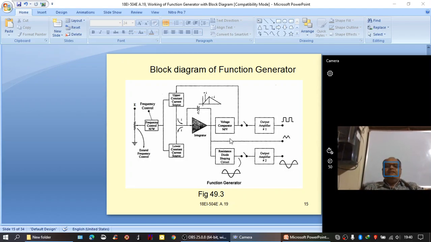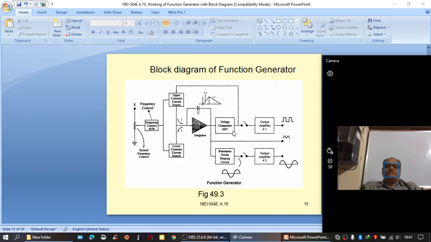And that triangular waveform will provide a rectangular or square wave output here at the output of the voltage comparator multivibrator. I'm sorry, it is not voltage controlled. It is a voltage comparator multivibrator. It compares the values of two levels of voltages.